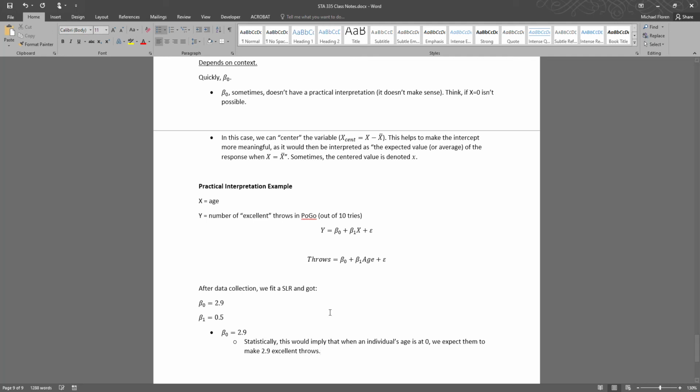And again, we're using expect language here. Another way that you could say this without expectation language is to say that when an individual is 0 years old, they would make 2.9 excellent throws on average. So you can use the term expect for expected value, or you can say things like on average.